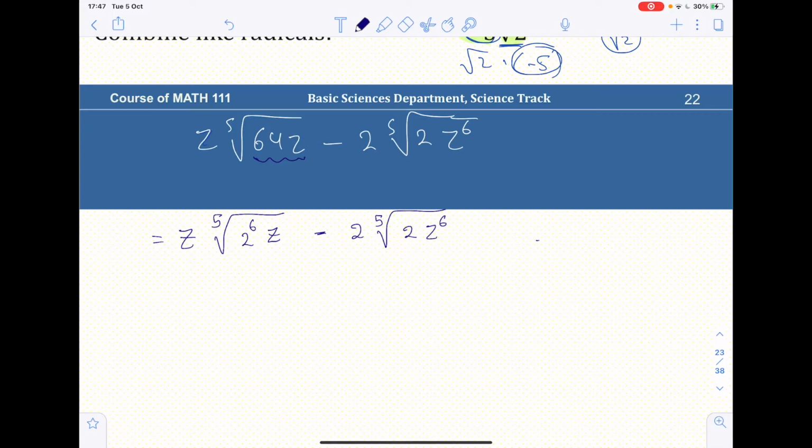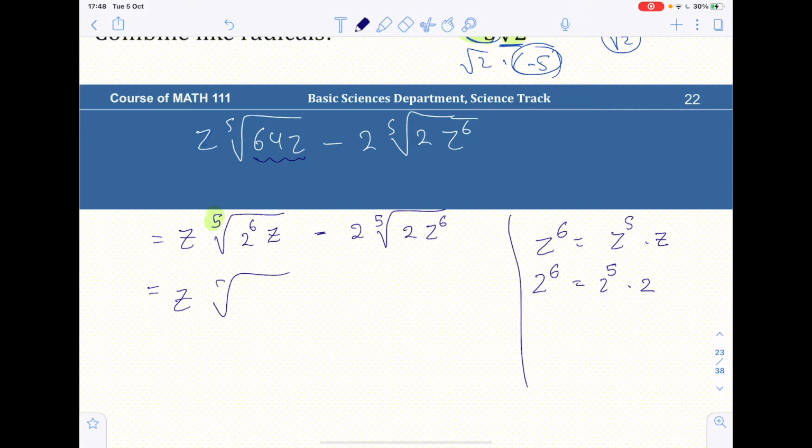Now for the z to the power 6 and 2 to the power 6, I can write them as z to the power 5 because I need that 5, okay? So I can write z to the power 5 times z, and here 2 to the power 5 times 2. Okay, so let's go ahead and do this.